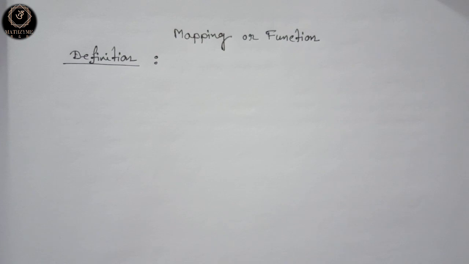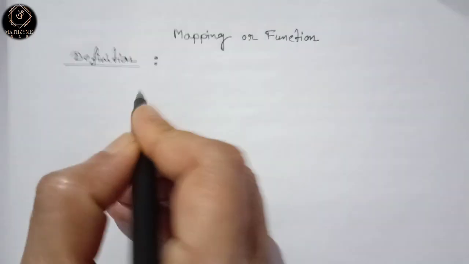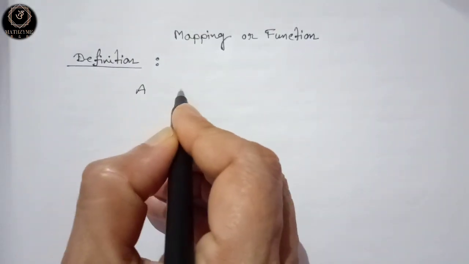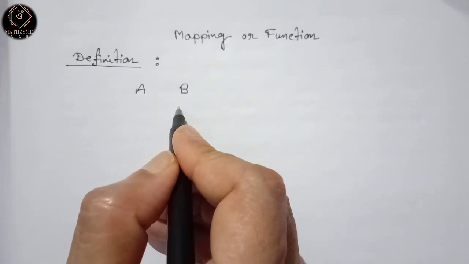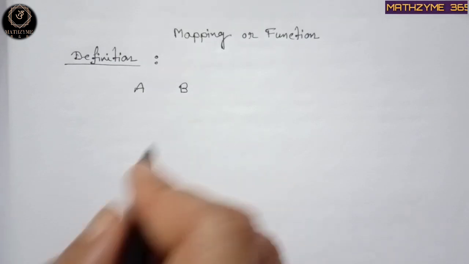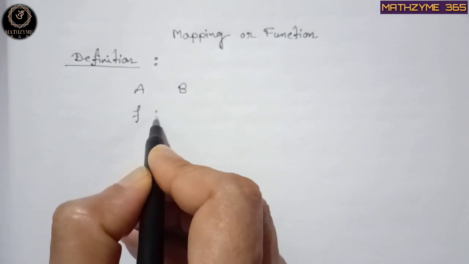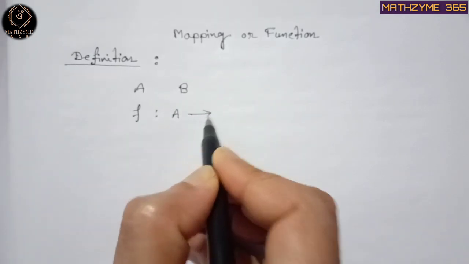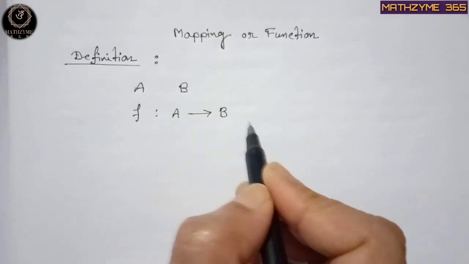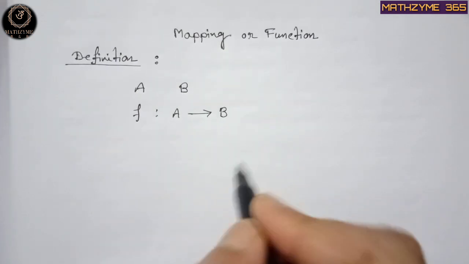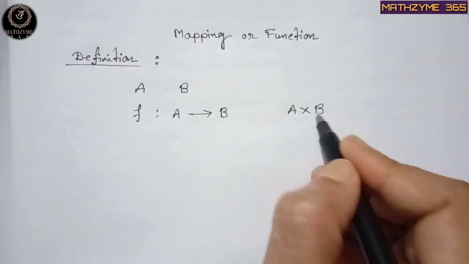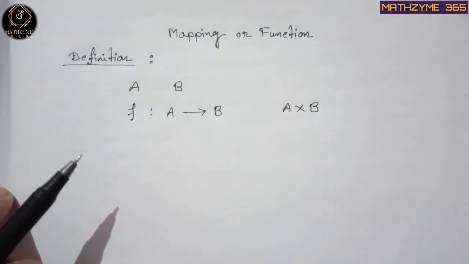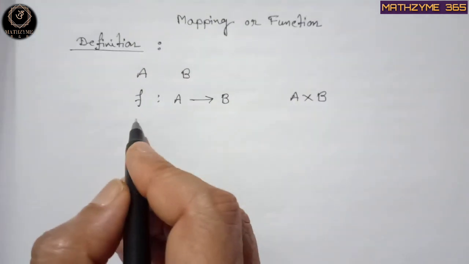Let A and B be two non-empty sets, and let f be a mapping or a function from A into the set B. It is defined to be a subset of A cross B, so that the following property must hold.